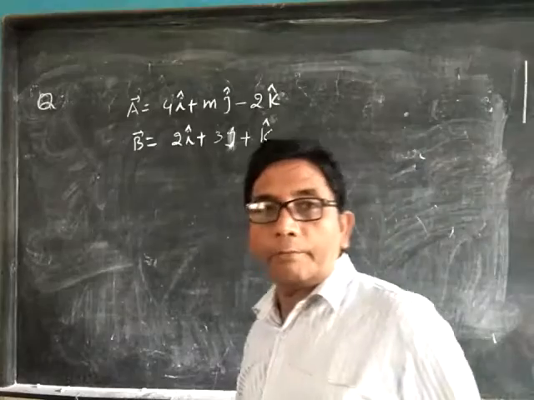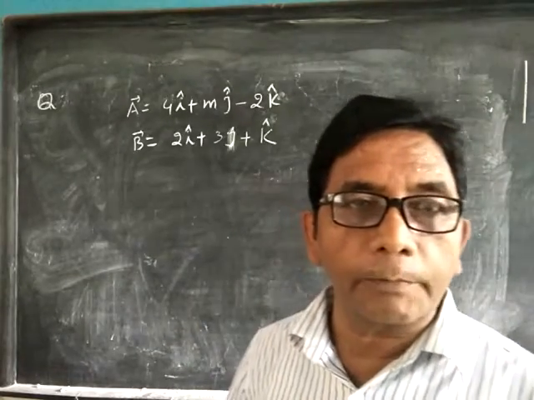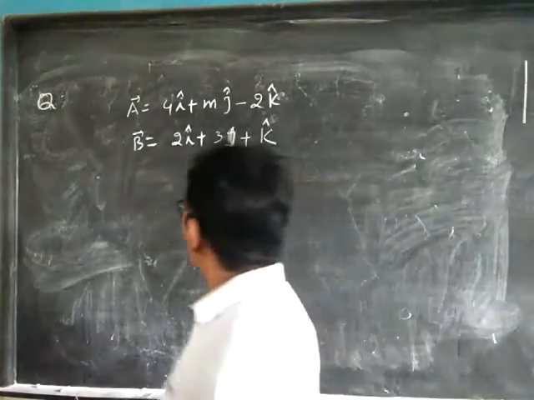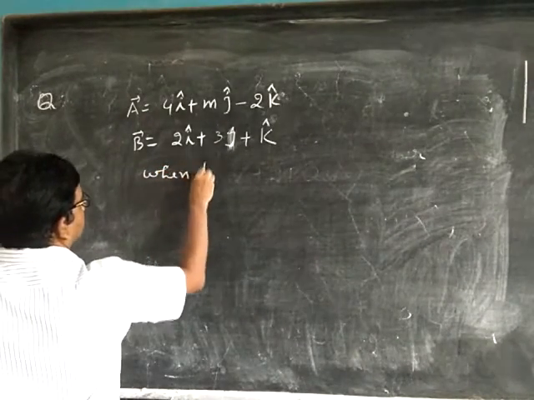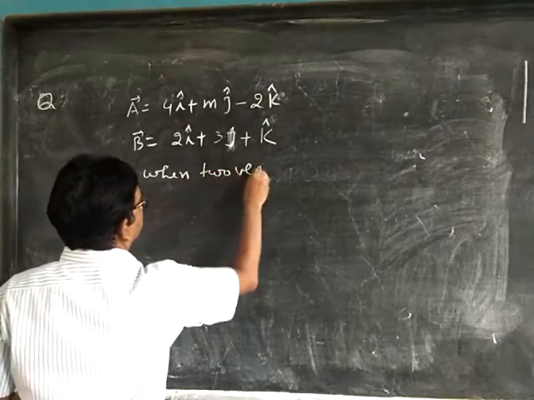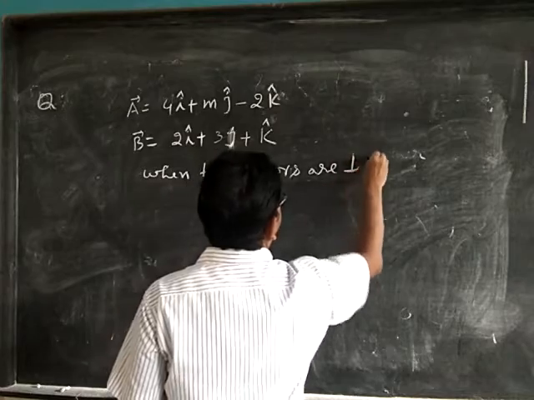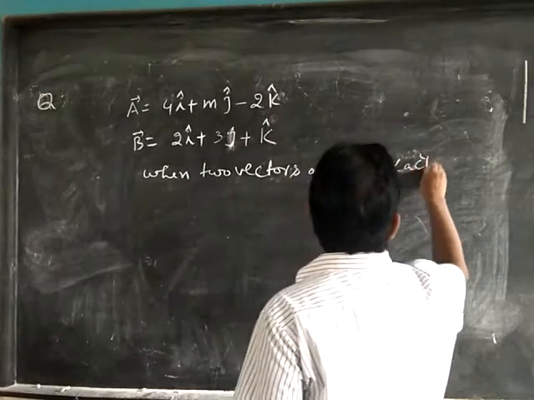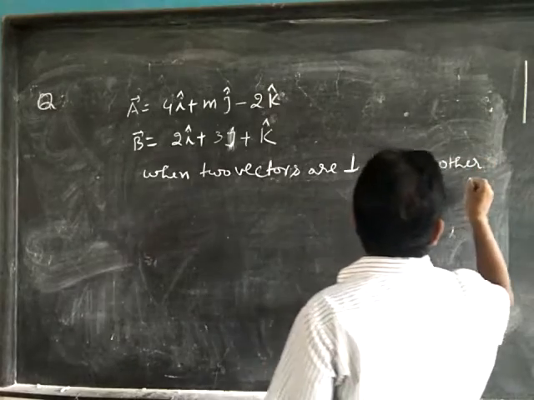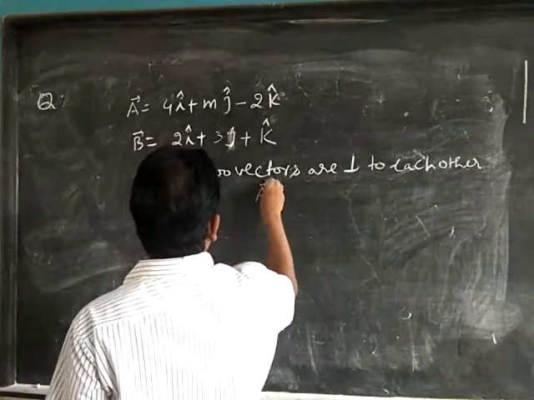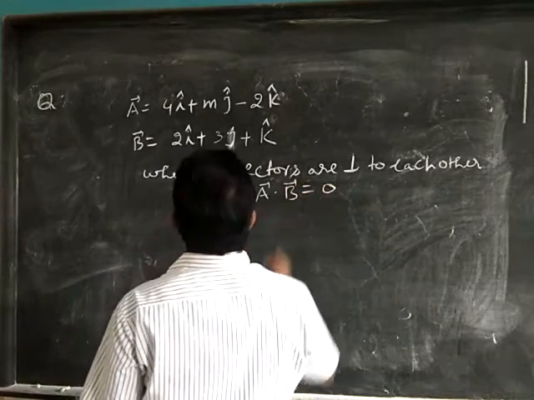We know that when two vectors are perpendicular to each other, then vector A dot vector B is equal to 0.